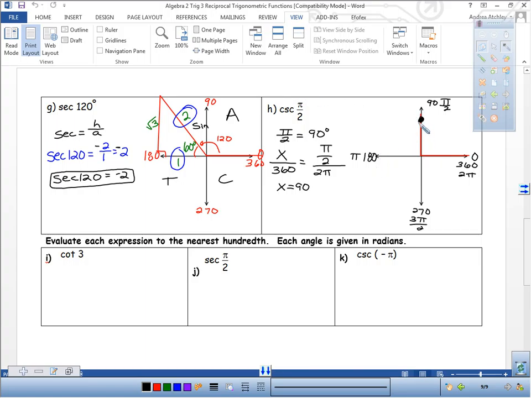If I draw a perpendicular line, it goes here. If I drew this, then that's not my right triangle at all. Okay? The ordered pair here. Ms. Choi, what's the x value here? 0 for x and 1 for y. Remember, this is cosine, this is sine.